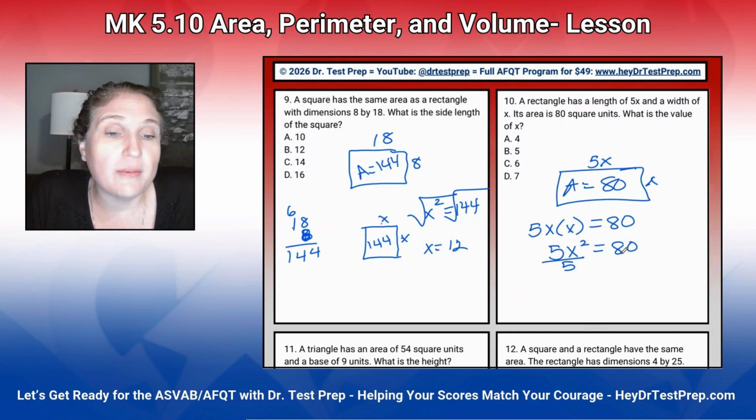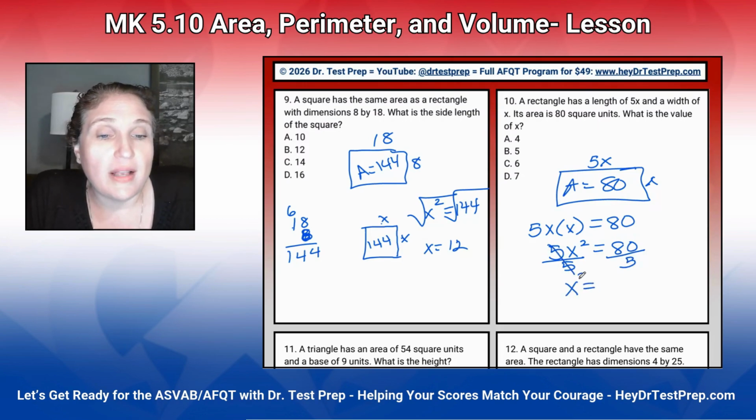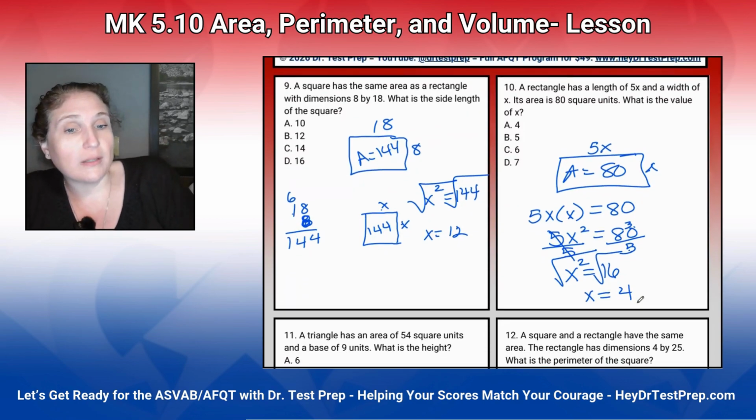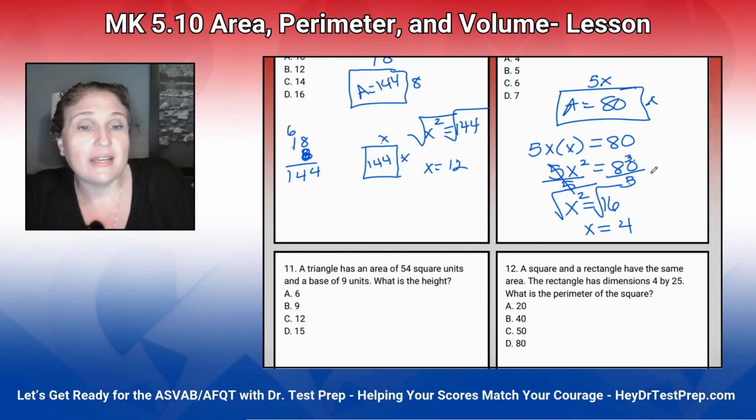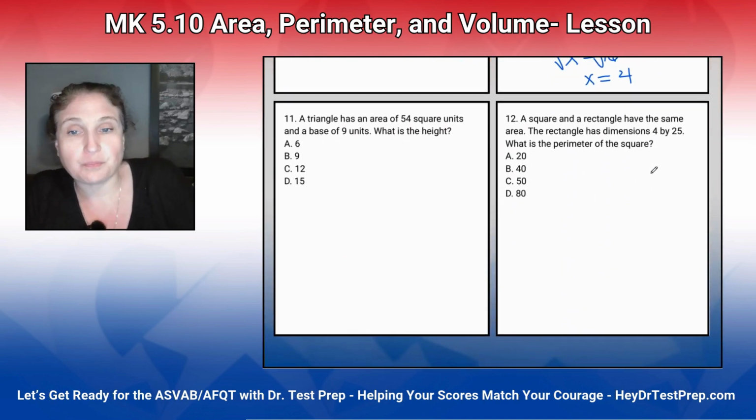We're going to divide both sides by 5. X squared equals 16. And now we can take the square root of each side and get a value of 4. And I had to do that because we're trying to get the value of x.